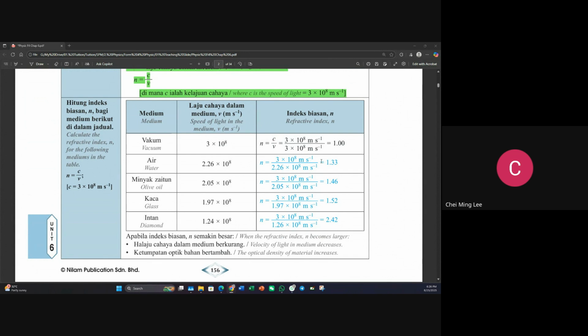So you see why diamonds look shiny, because the refractive index is the biggest. The bigger the refractive index, the longer you can trap the light inside. Why does it look shiny? Because more light is trapped inside.